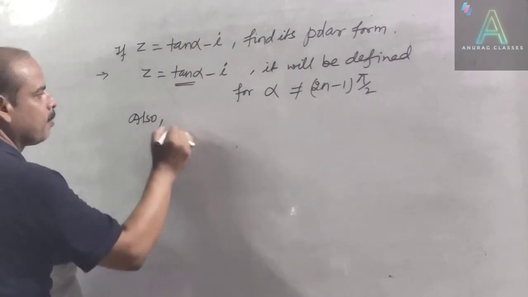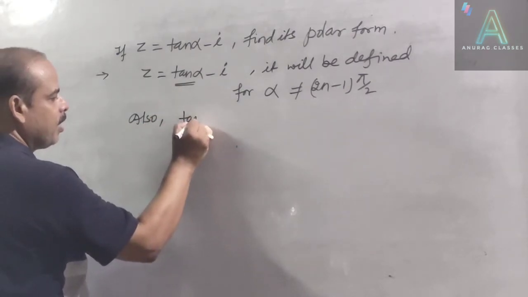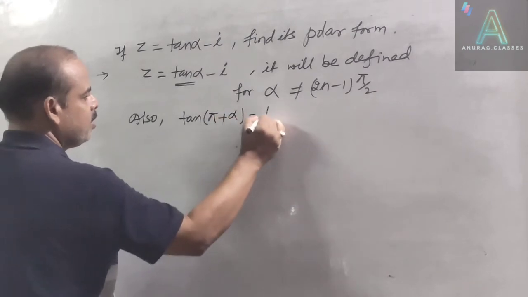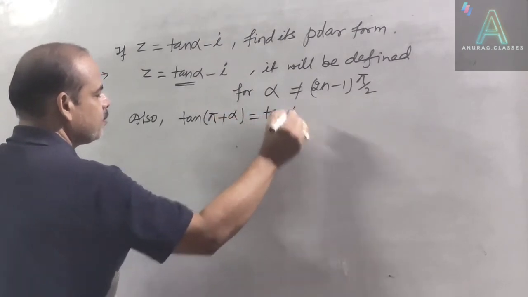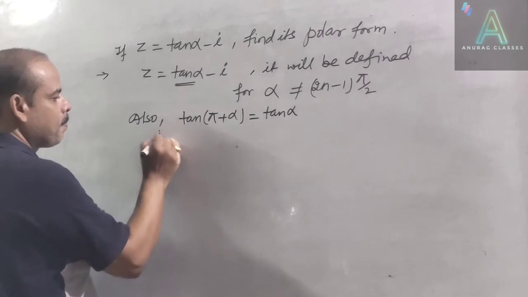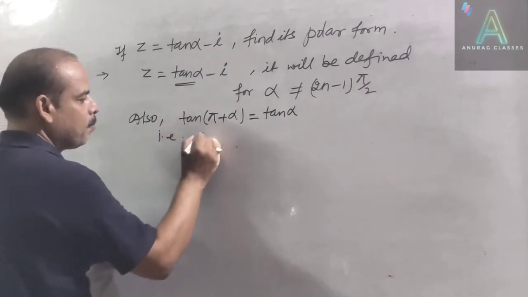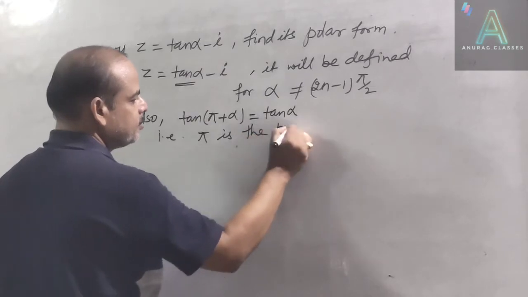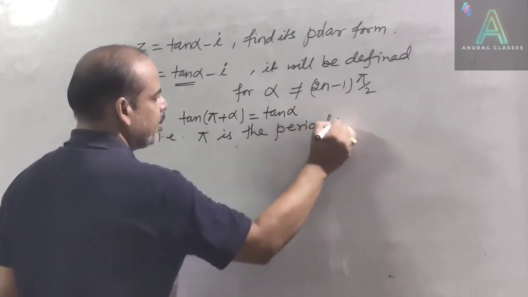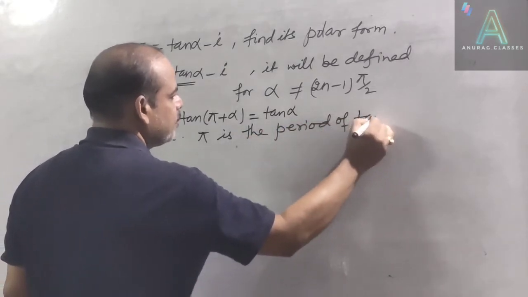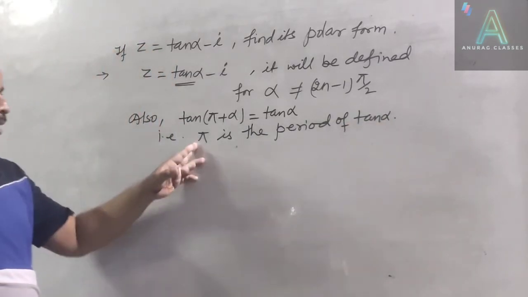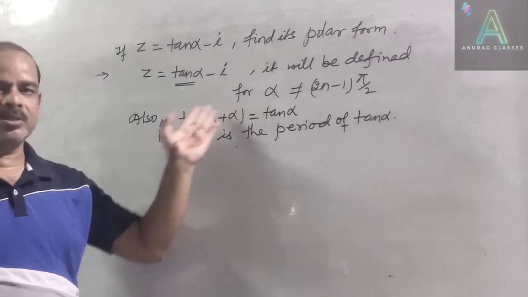Also we know that tan(pi plus alpha) is equal to tan alpha. It means pi is the period of tan. After each pi angle, tan is repeated.